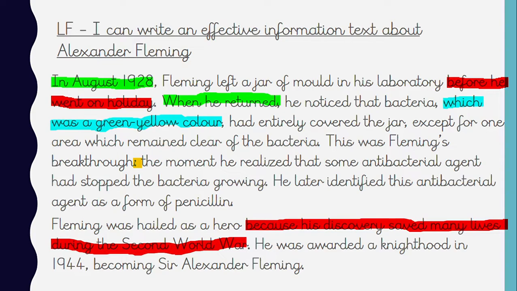And I believe that's the case in this example. So I'll read that sentence to you. This was Fleming's breakthrough: the moment he realised that some antibacterial agent had stopped the bacteria growing. Now, I might not be right, but I think that second clause is telling you more about the first. The second one's telling you more about his breakthrough. So that's an example of how you could use a semicolon or a colon.